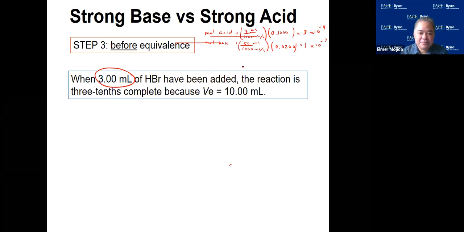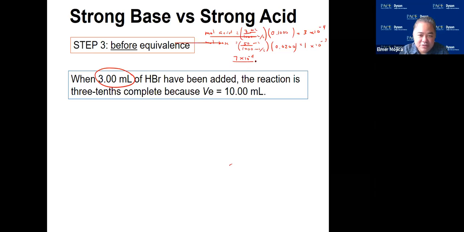Okay, so you have the base. And if you're going to look at the reaction that happened here, 1 times 10 to the negative 3, and 3 times 10 to the negative 4. So all of this will be utilized. And the one that remains is 1 times 10 to the negative 3 minus 3 times 10 to the negative 4, which is 7 times 10 to the negative 4.